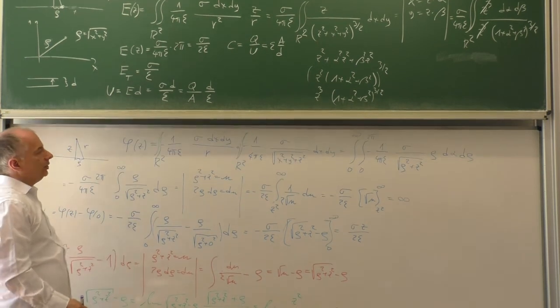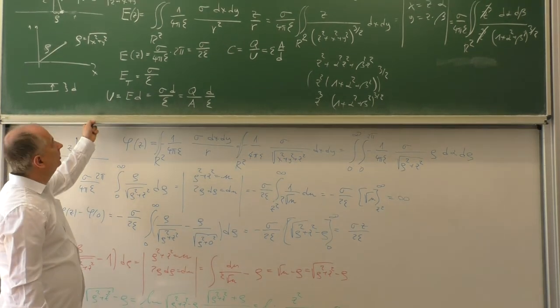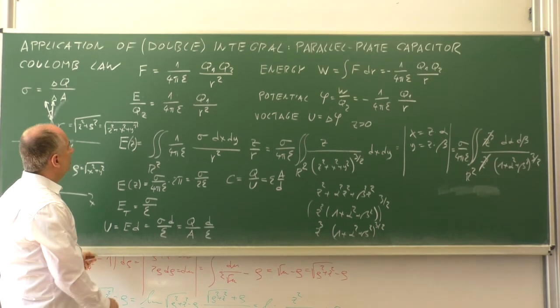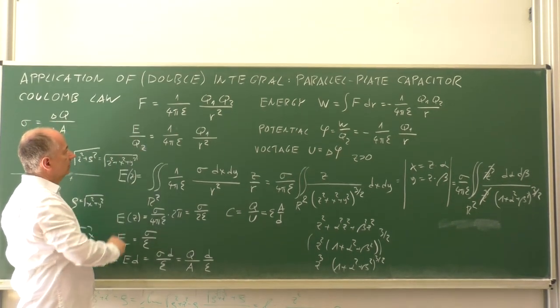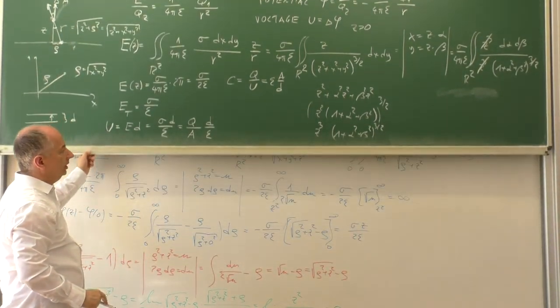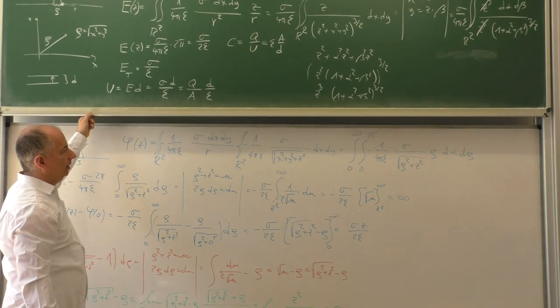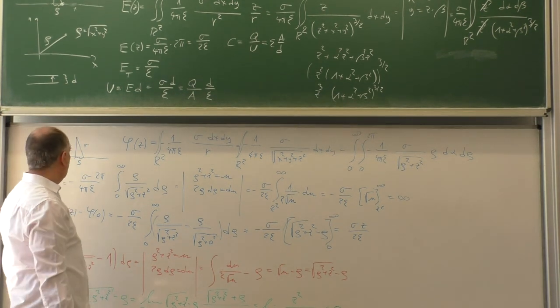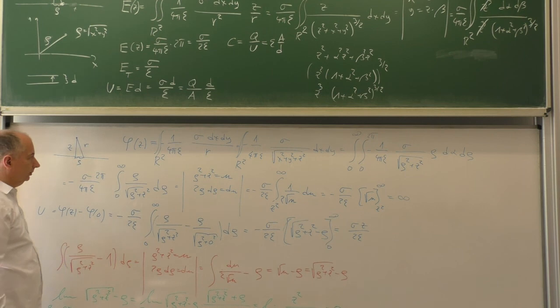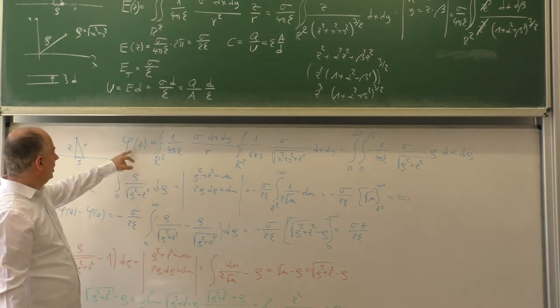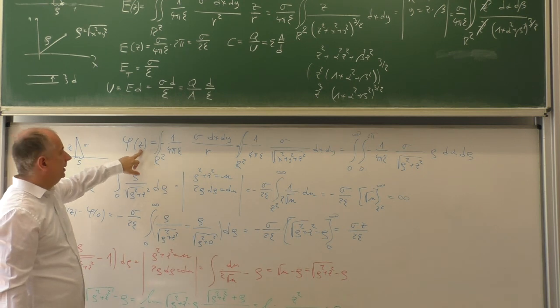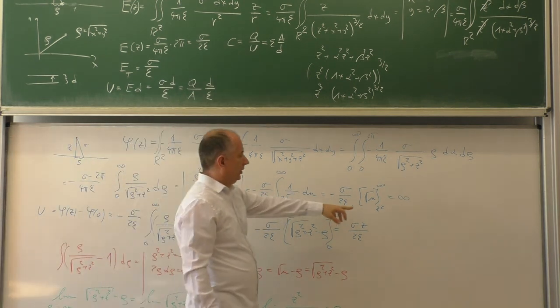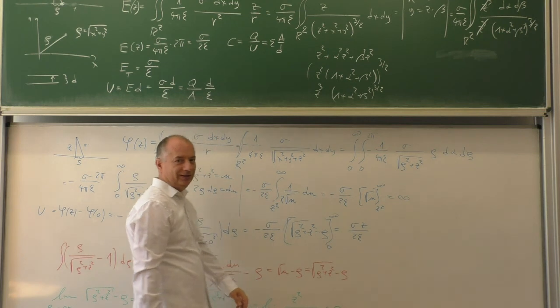So you see, this was an application of a double integral, where we can integrate either E or the intensity of the electric field, or we can integrate potential. There was a little problem that if we consider potential at some point z, then the result is 0, infinity.